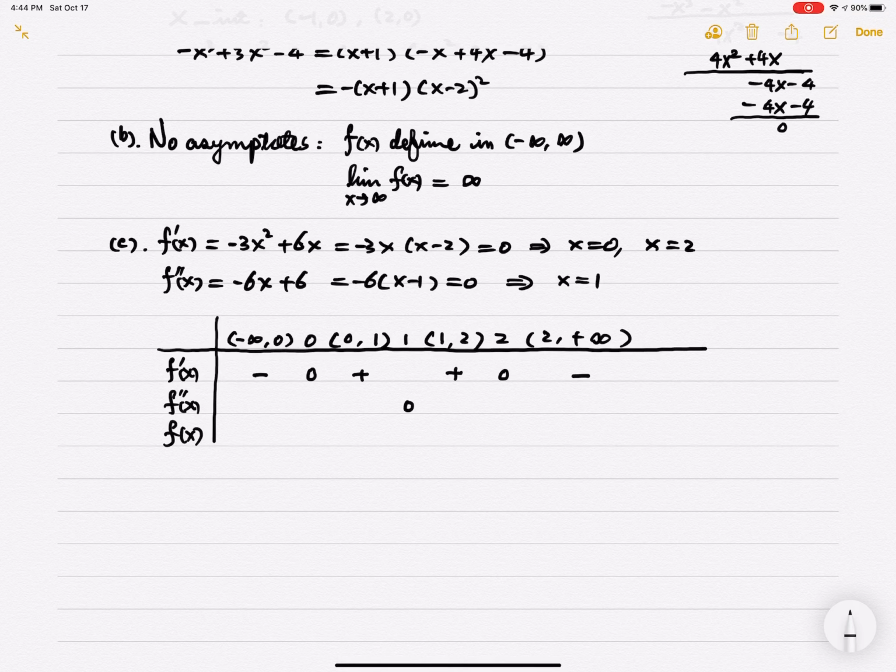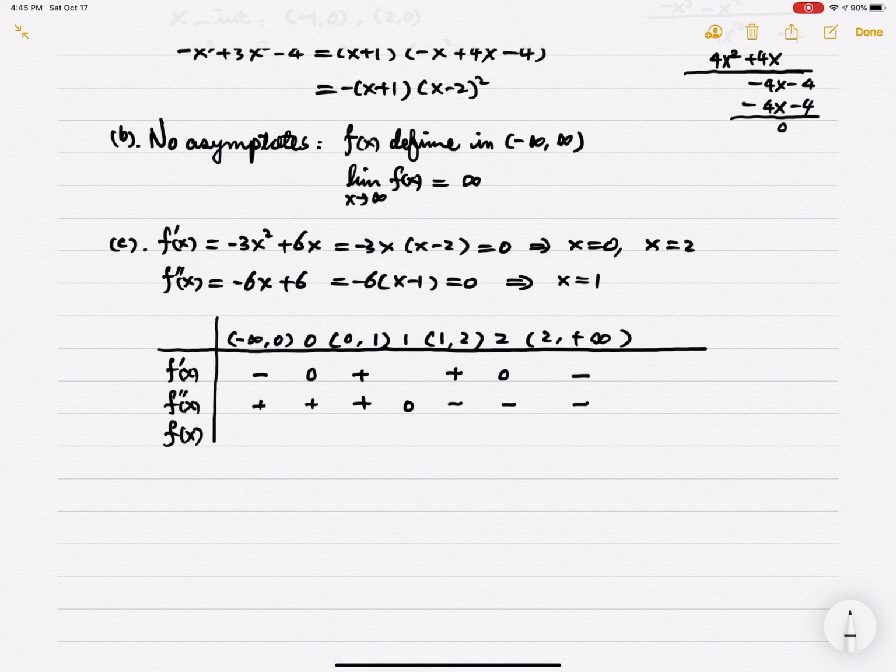When x is less than 1, negative 6 times x minus 1 is positive. And then when x is greater than 1, well, negative 6 times x minus 1 is negative. Okay?